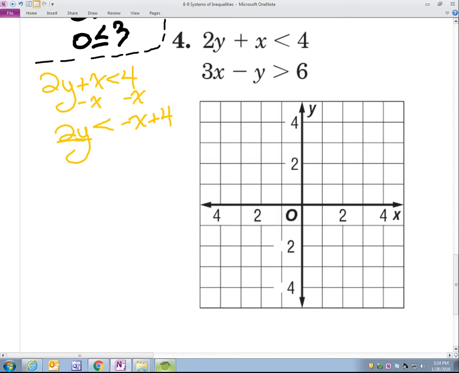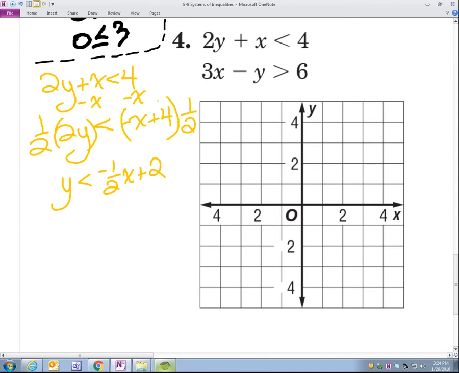And I'm going to multiply this by 1/2, which is the same thing as dividing by 2. So I have y by myself. So I have 1/2 x plus 2, because I'm distributing this 1/2 into my parentheses, distributive property.